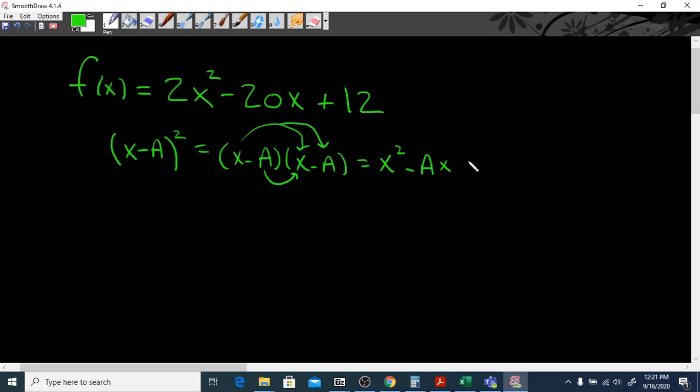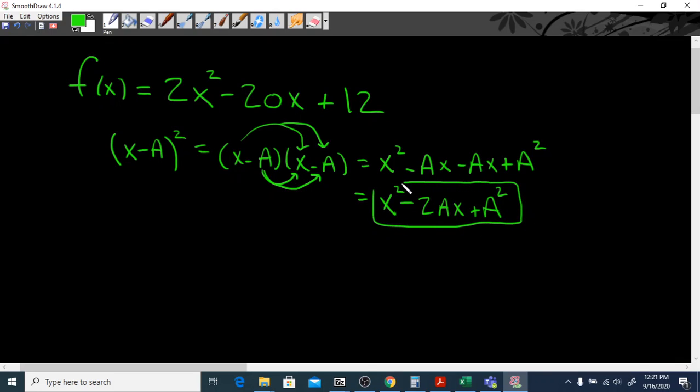Negative a times x is minus ax again. And negative a times negative a is plus a squared. Minus ax and minus ax are like terms, so that combines to give minus 2ax. And then we still have the plus a squared. Okay. So this is our result. This is the thing we're going to use to help guide us.